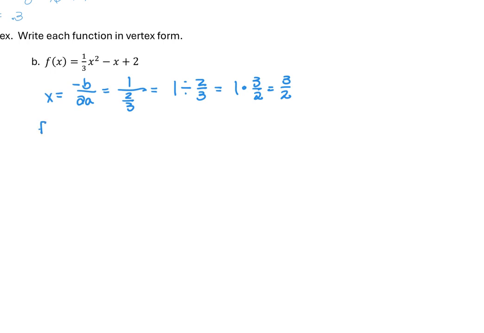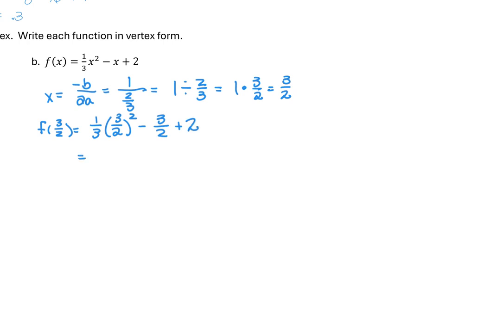All right, to find our y coordinate, we're going to plug this in. And so we get 1/3 times 3/2 squared minus 3/2 plus 2.